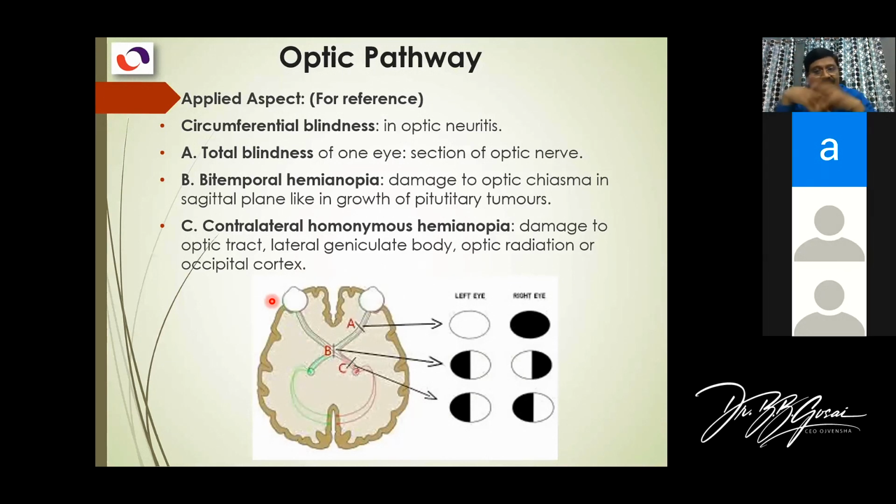So the macular vision is at the tip of the visual area. Our macula, our visual acuity, is at the tip, and peripheral vision is in front of this particular part of the area. So the occipital pole of the occipital lobe has the macular vision, and in front of this area is our peripheral vision.